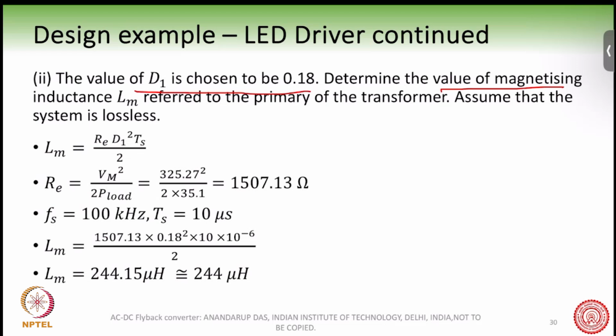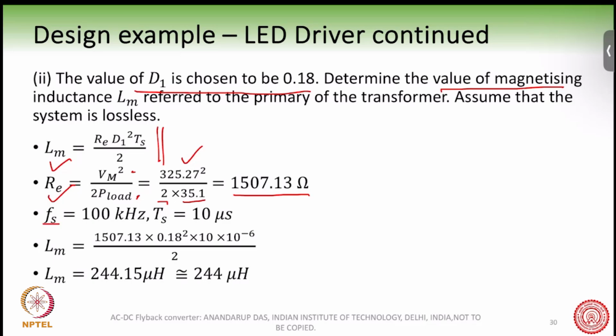Now we have to choose the value of the magnetizing inductance, assuming that the system is lossless. So Lm is given by this expression, Rd into D1 squared into Ts by 2, where Rd is Vm squared by the load. Vm is 325 and the load is 35 watt, and 2 times this, so then Rd comes out to be 1507 ohm.